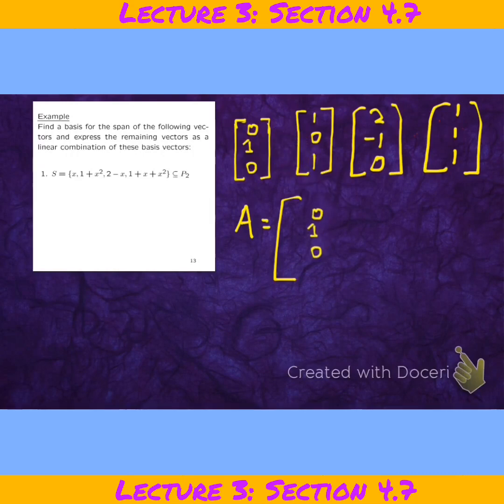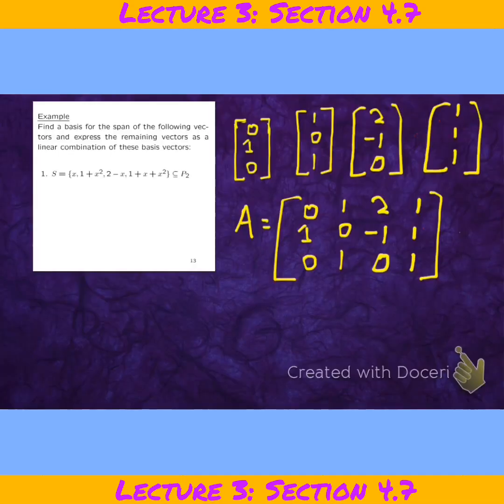Right, so there's my first column of my matrix. There's my second column, there's my third column, and my last column is the last column that I obtained, corresponding to the last vector in S. Alright, so there we've got our matrix A, and what we want to do is find a basis for the space spanned by these column vectors.